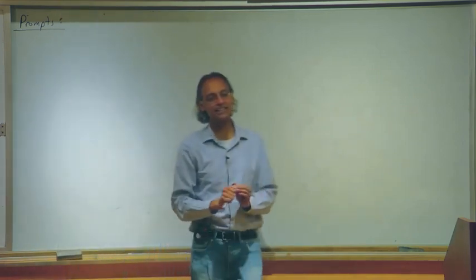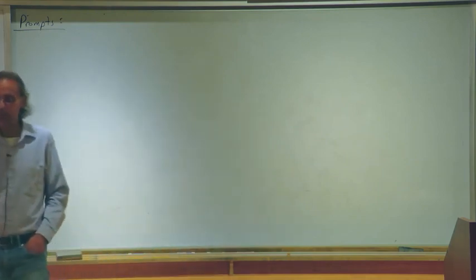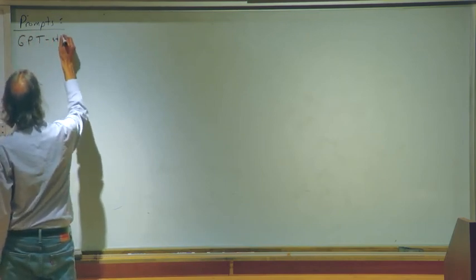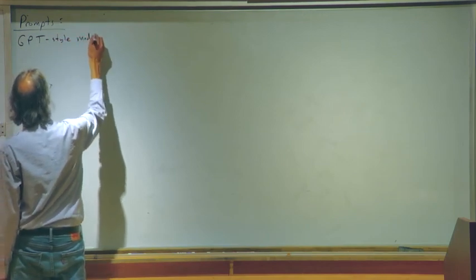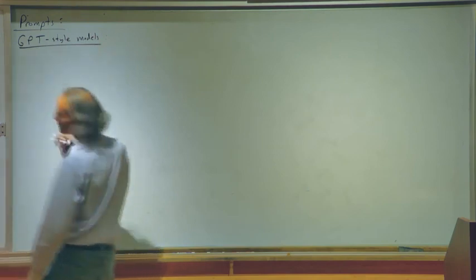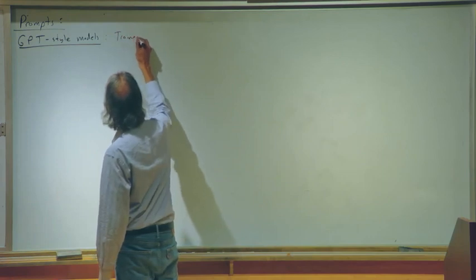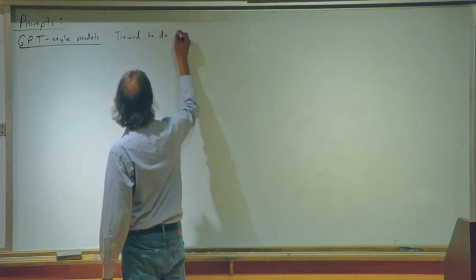Okay, so the idea is, remember when we talked about word2vec, we said word2vec was trained to take words and embed them into some vector space, and we found the surprising ability of word2vec to do analogy problems, even though it wasn't trained to do analogy problems. Okay? So GPT-style models are basically trained to do autocomplete.